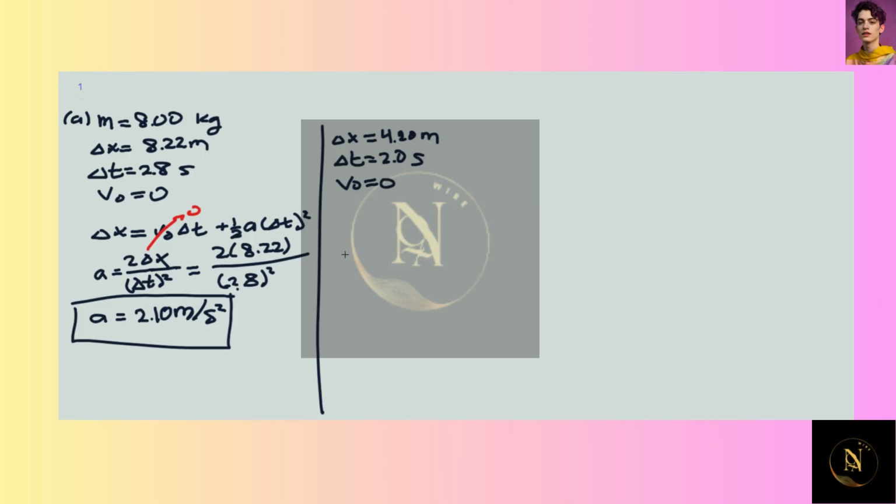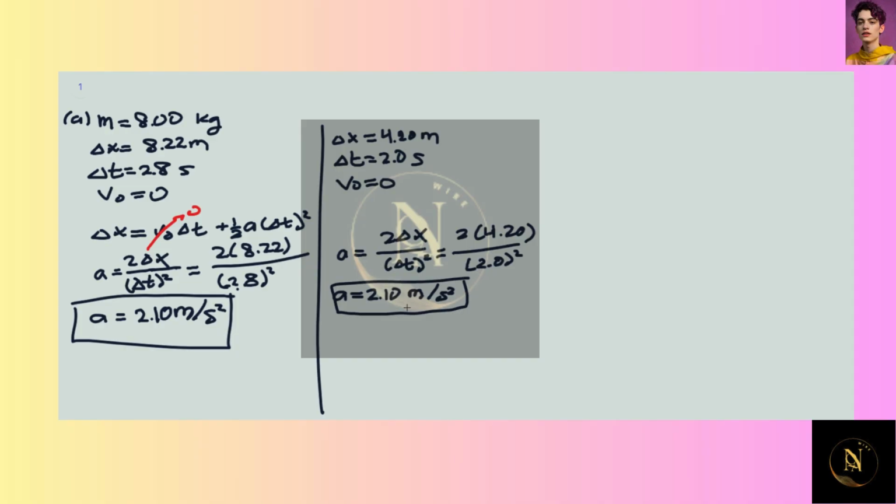We just use the same equation, so let's skip ahead to that step. 2 delta x over delta t squared, plug in numbers, and see that we suspiciously get an identical value of acceleration. That's 2.10 meters per square second.